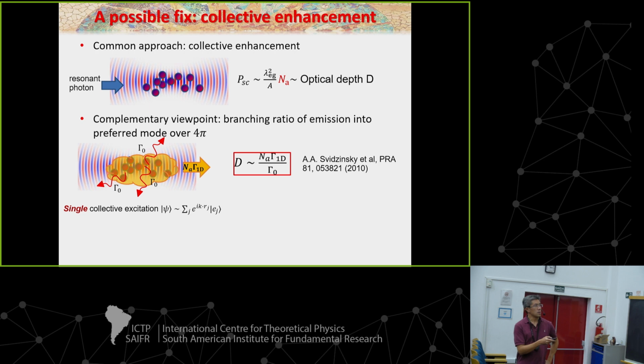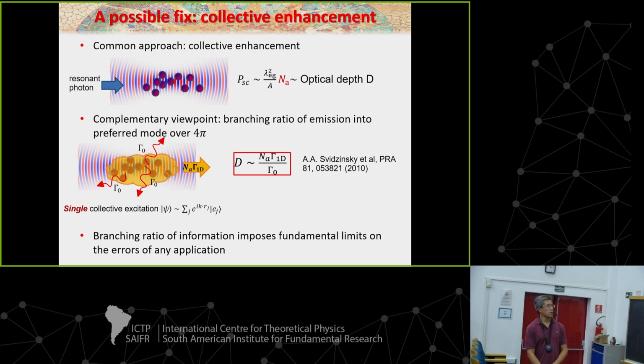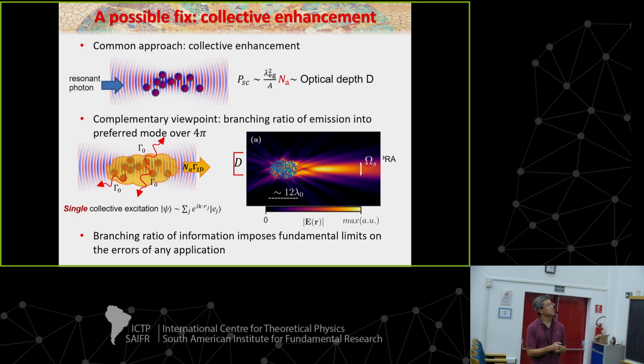So then you can also define the optical depth as basically that branching ratio of good information which is collected versus the information which is lost. Okay? So once you view this optical depth as a branching ratio of quantum information, then it makes sense that that optical depth should set a fundamental limit on the error of any application that you want to carry out.